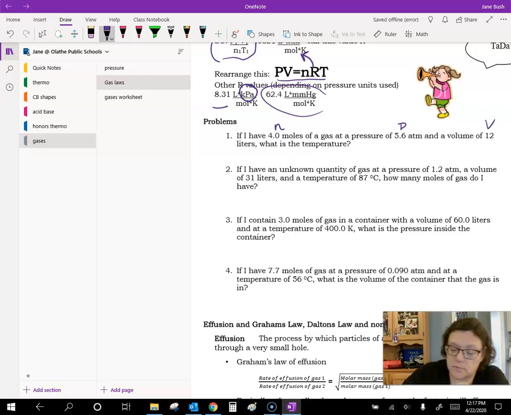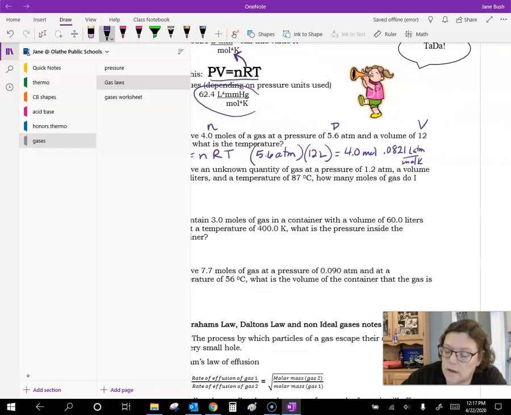We're going to solve for temperature, so we're going to use PV equals nRT. 5.6 atmospheres times 12 liters is equal to 4.0 moles times R, which is 0.0821 liter atmospheres over mole Kelvin. And that will all cancel out if you care about it. If you don't, take my word for it. And we're going to solve for temperature.